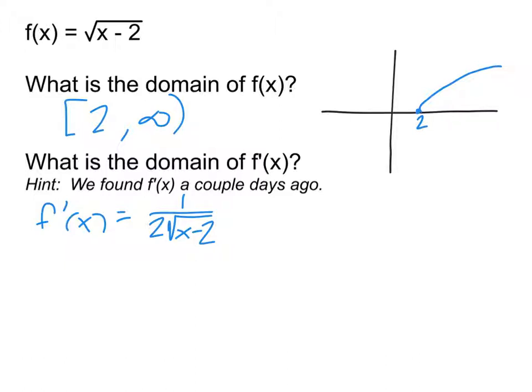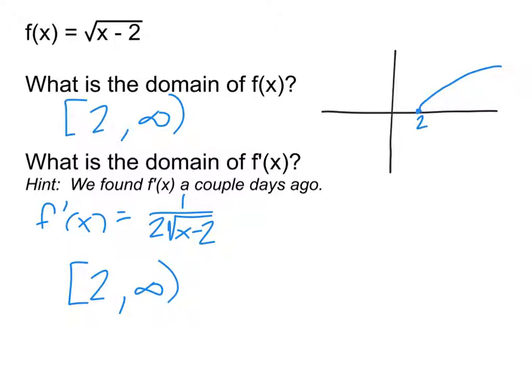All right, so to find the domain here, well, is it going to be 2 to infinity like that? Not quite. Well, because we still have the square root in there, and our square root still cannot be negative, so it still cannot be anything less than 2. But we also have a fraction in there, and the denominator of the fraction can't be 0.